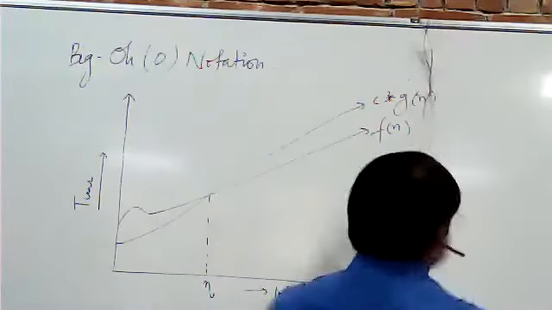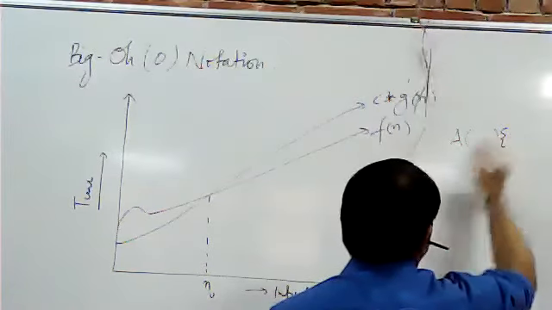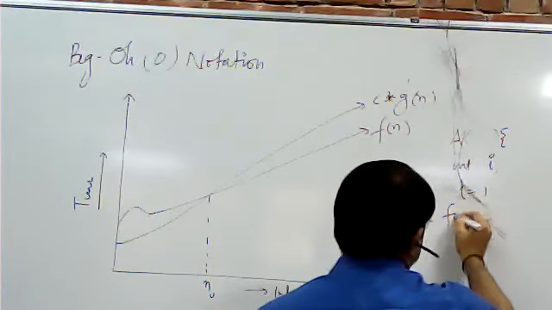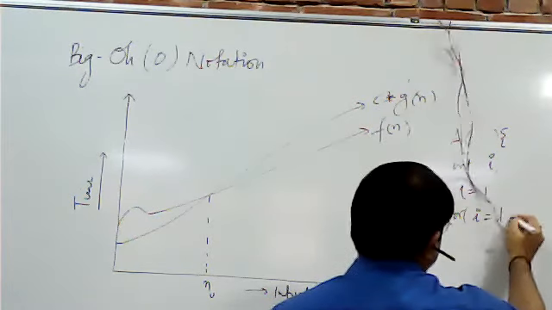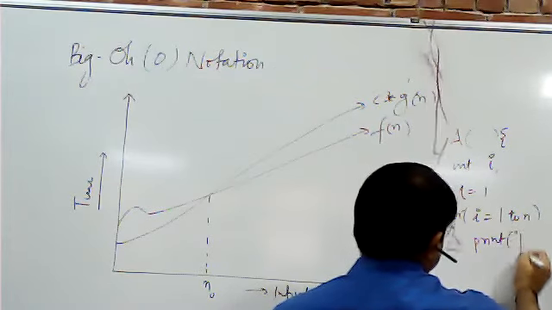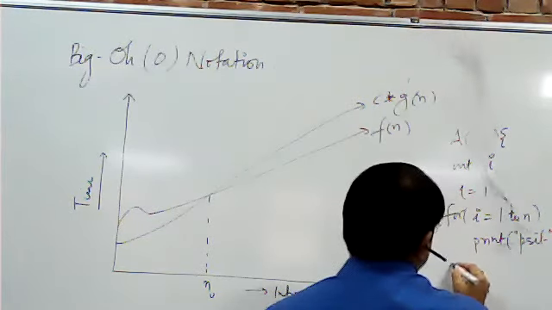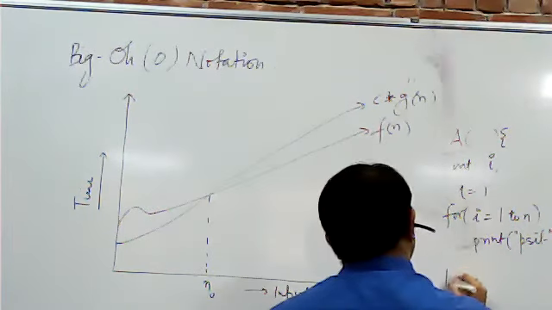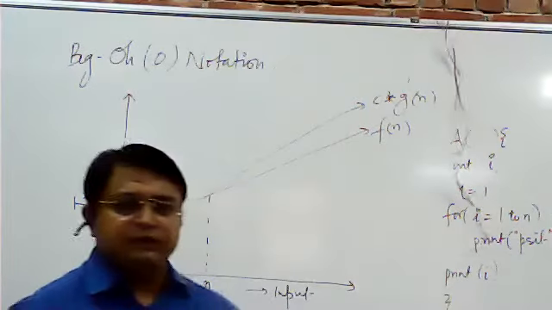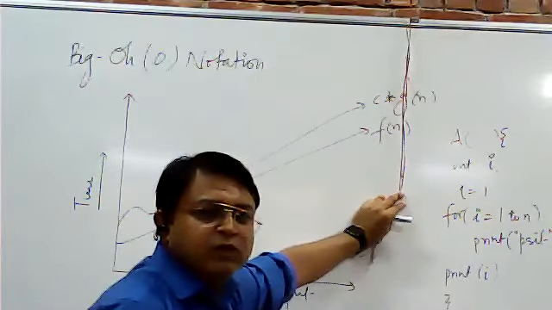Suppose we have an algorithm like this: int i = 1, for i = 1 to n, we print PSIT.